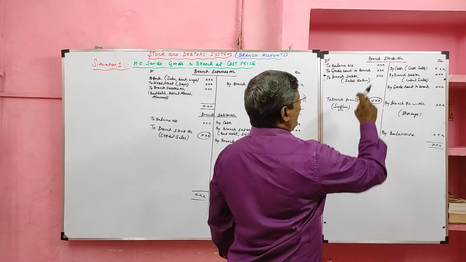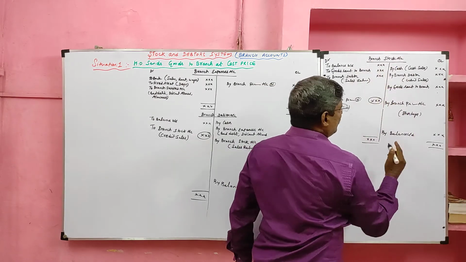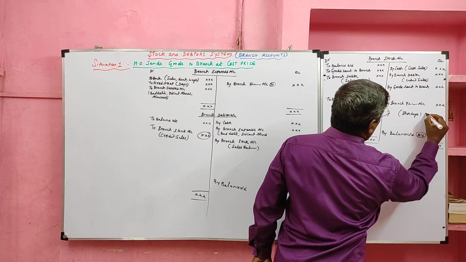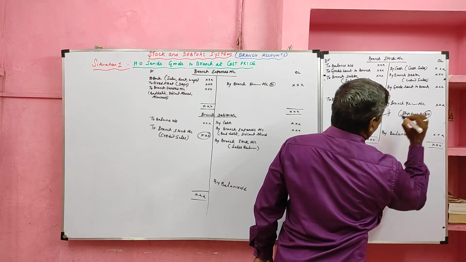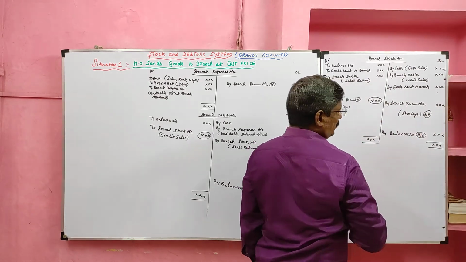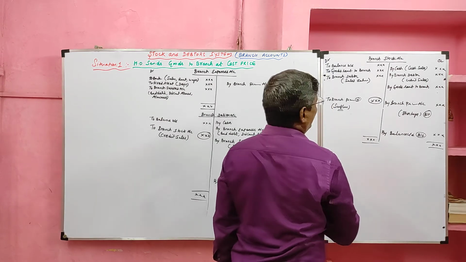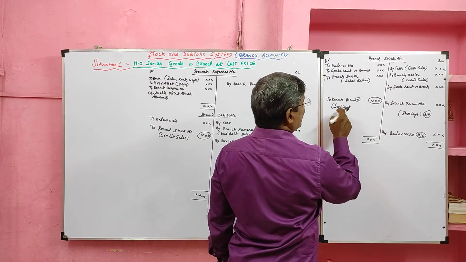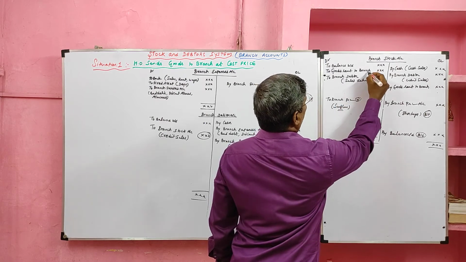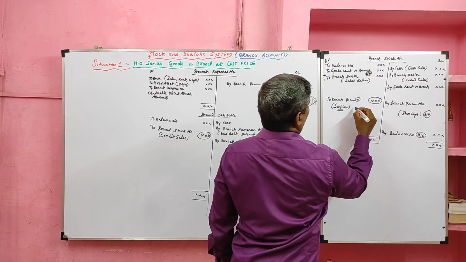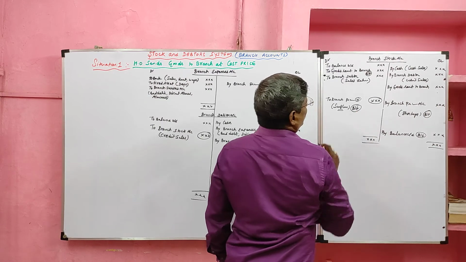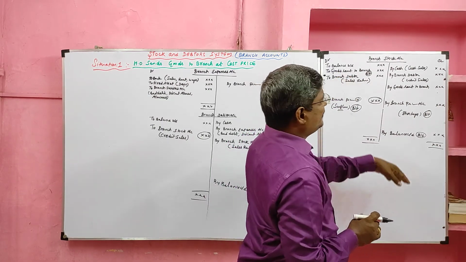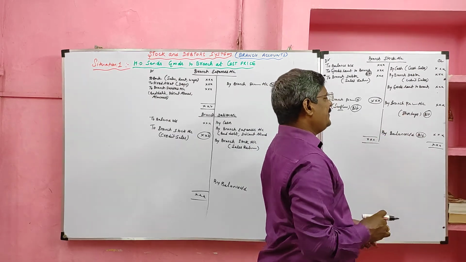Students, generally in branch stock account, the missing information may be closing stock or shortage. If shortage is given, the missing information is closing stock. Likewise, in debit side, the missing figure may be the surplus. If surplus is given, the missing figure may be the goods sent to branch. So the missing information in debit side may be goods sent to branch or surplus, credit side shortage or closing stock.